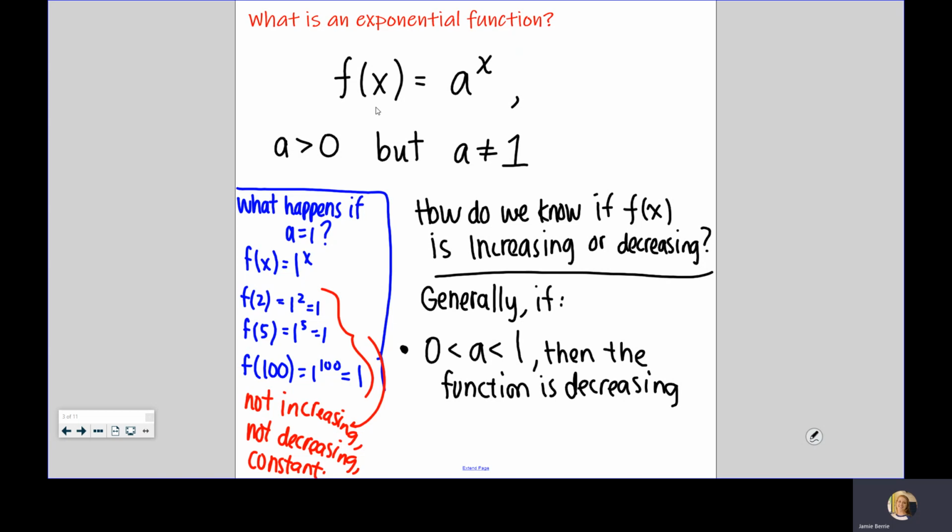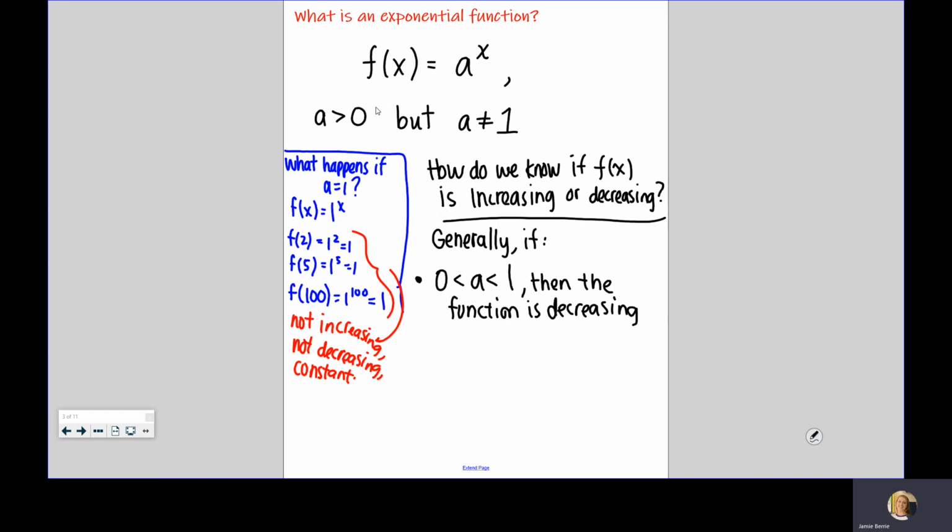And if a is greater than 1, then the function will be increasing. So I'll explain why I put the word generally in there in just a minute. So generally, if a is between 0 and 1, then the function will be decreasing.